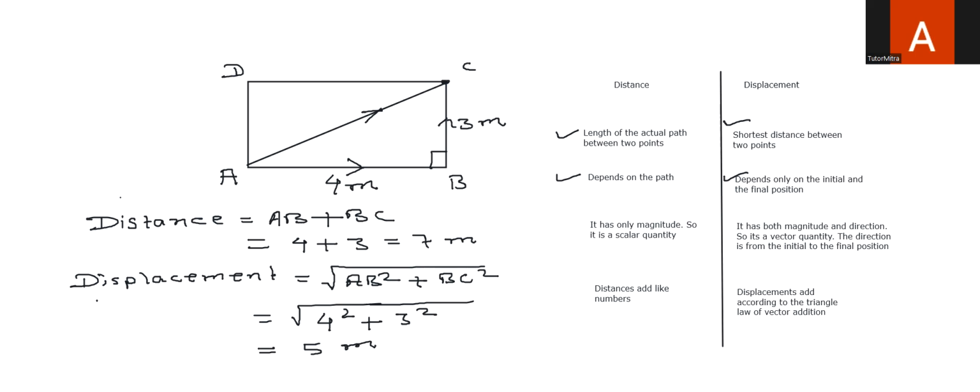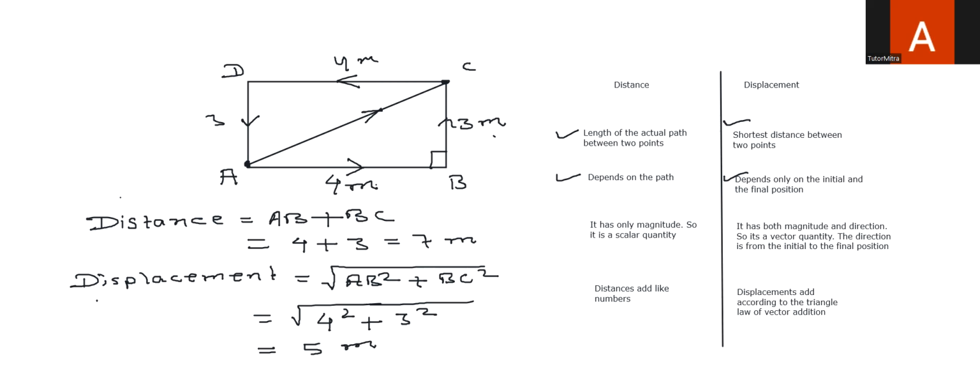Now say the particle would have started from point A and it comes back to the point A. Then what would have been the distance and displacement? In that case, the distance would be 4 meter plus 3 meter plus again 4 meter plus 3 meter. That would be 4, 4, 8, and 6, 14 meters.